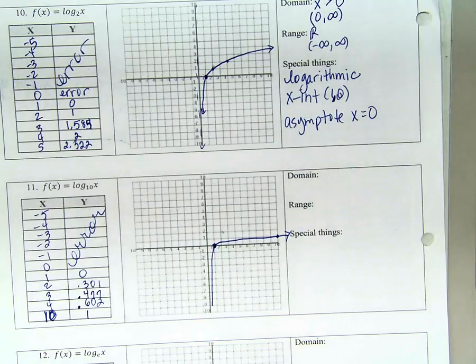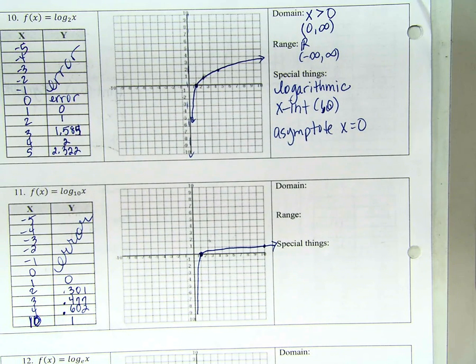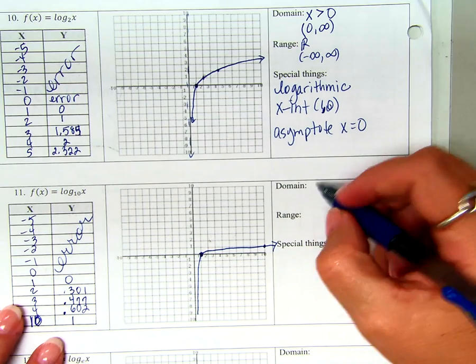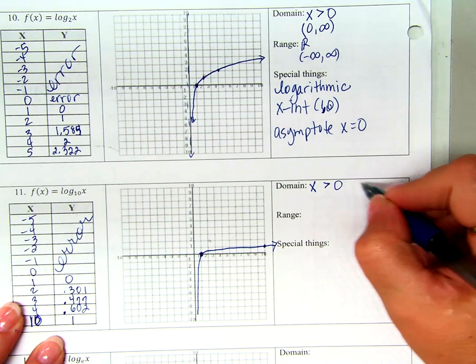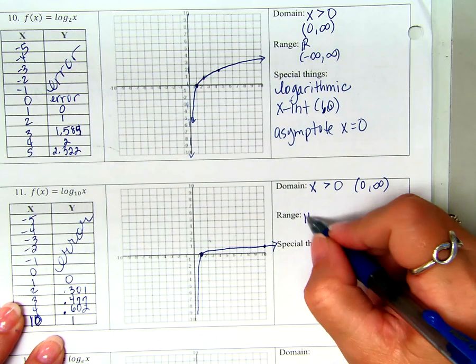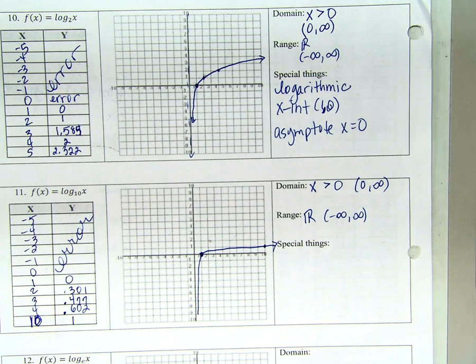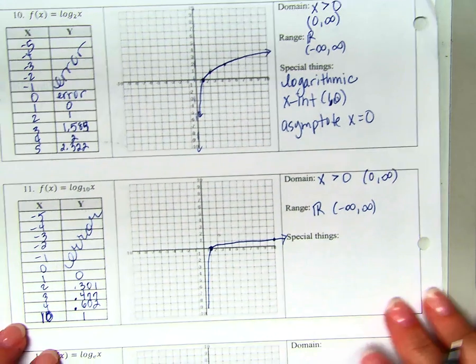So is it going to have a different domain and range than number 10? Different or the same? X is greater than 0, 0 to infinity. All real numbers, negative infinity to positive infinity. So what's this one called? Still logarithmic, isn't it?